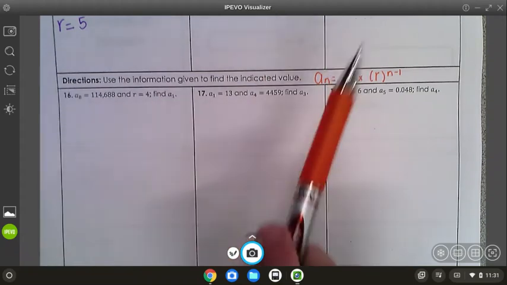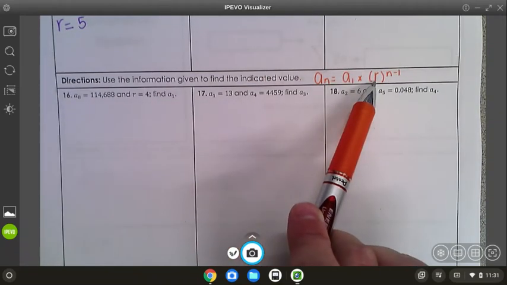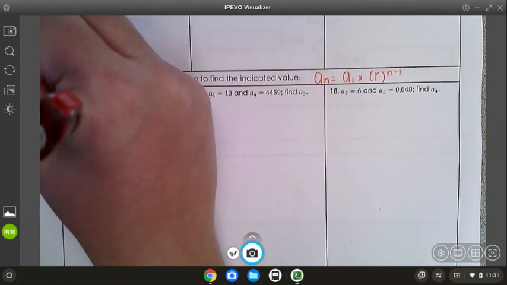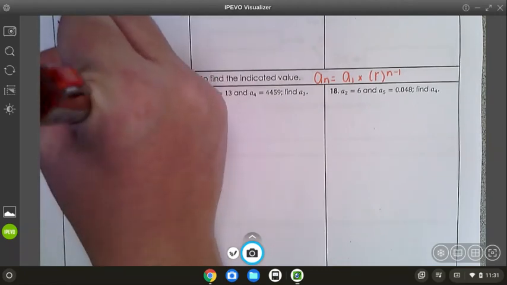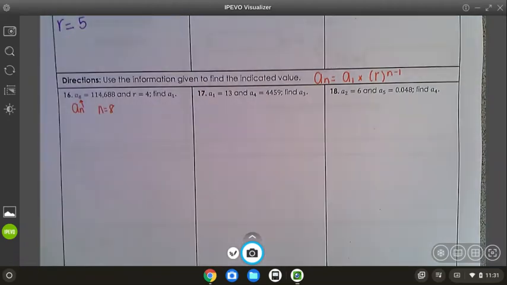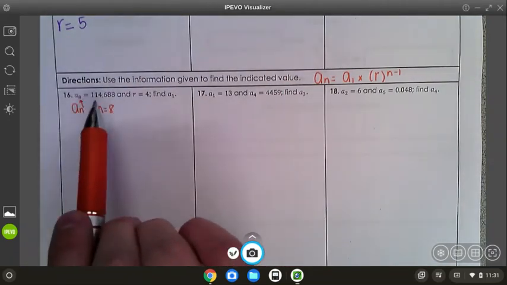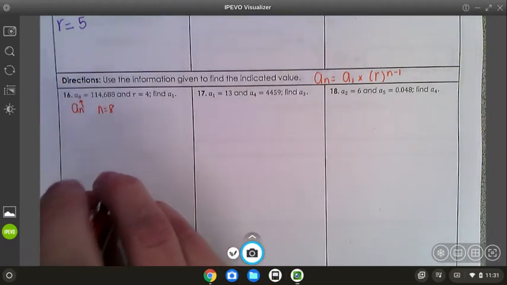So we're finding A1. We have the r, and we do have a term. So if I let this be my A_n, that means n equals 8. We're going to need to use this to find my A1.